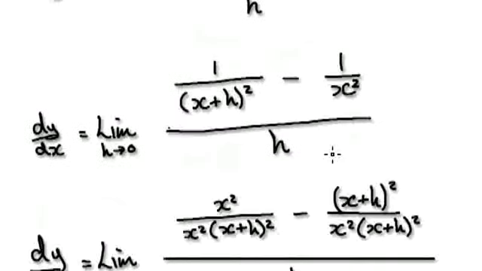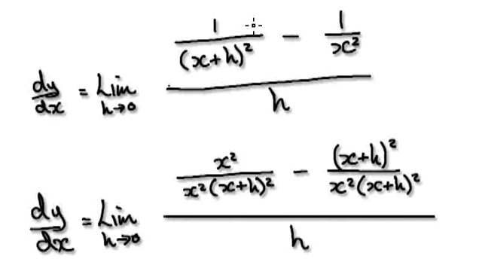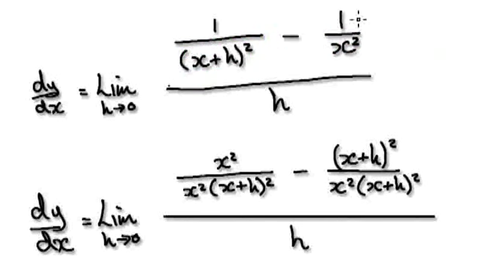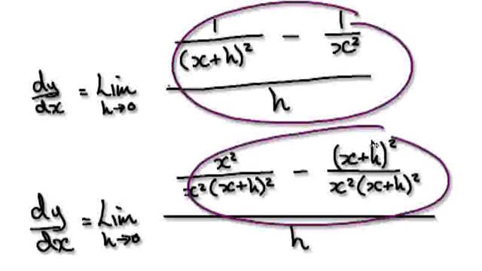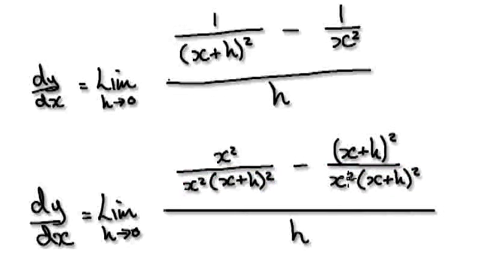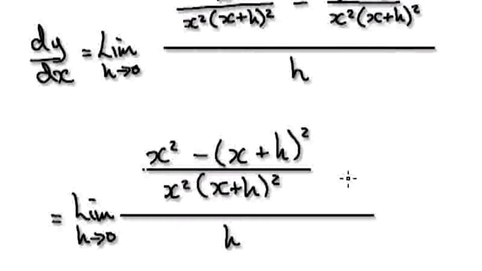Here you would times top and bottom by x squared, and over here times top and bottom by x plus h, squared. So overall, this whole thing will become this. The good thing is that the two denominators are the same, so you can merge them, and it will become this.